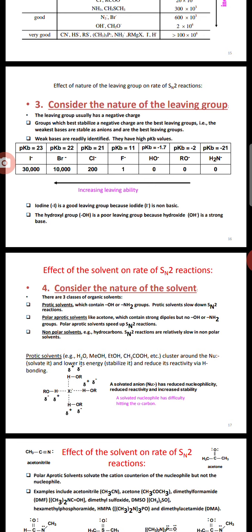Non-polar solvents, such as hydrocarbons, are relatively non-polar and generally favor the SN2 mechanism.